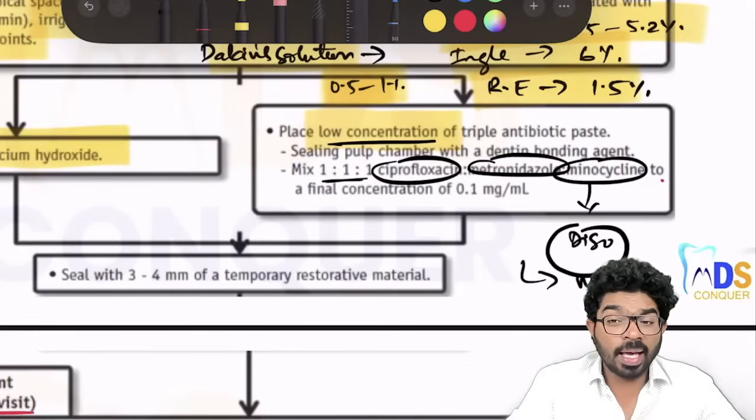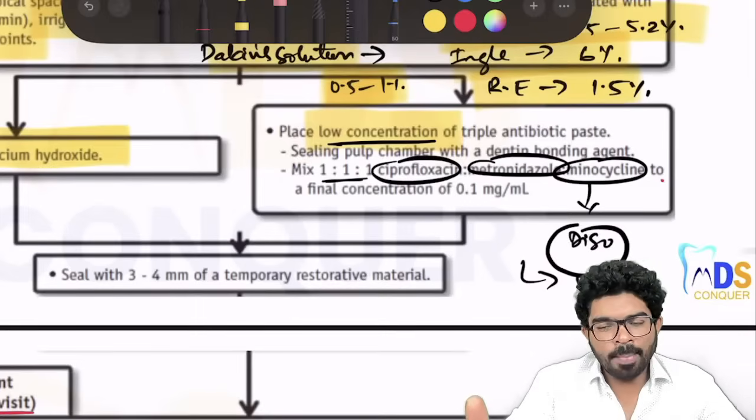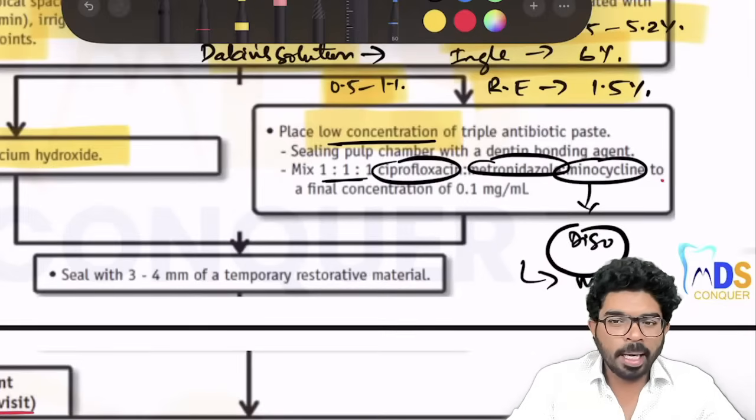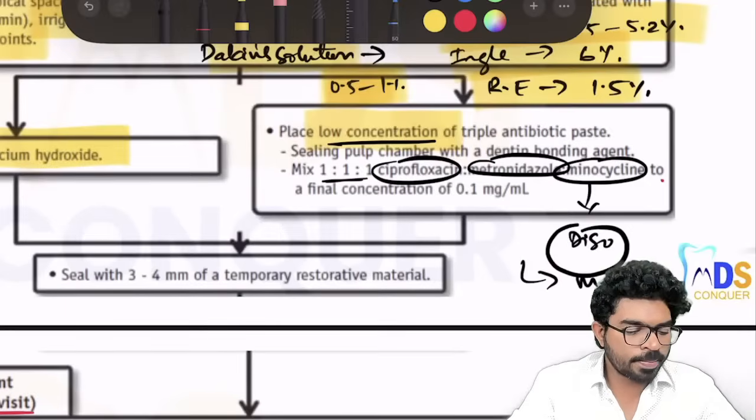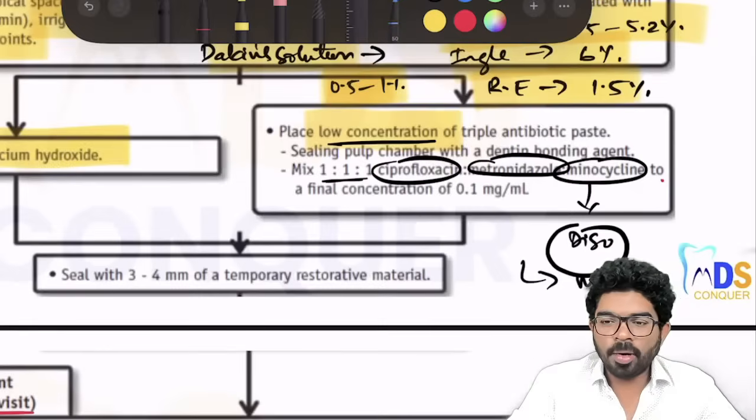The ideal thickness of the Cavit to prevent micro leakage is 3.5 millimeters. Please write down that 3.5 millimeters.